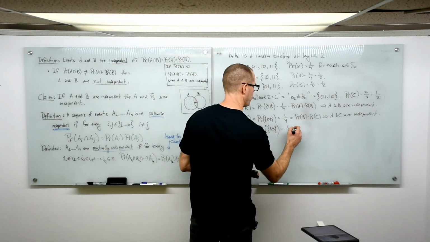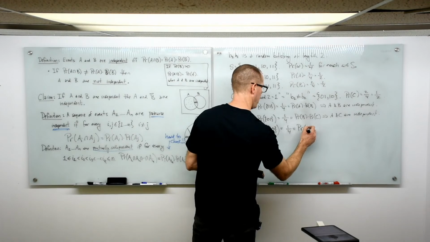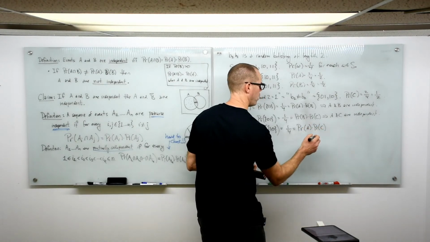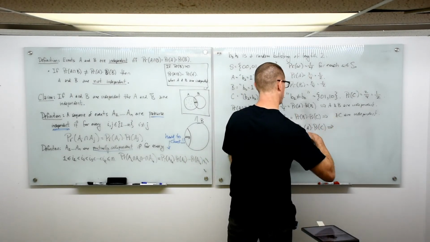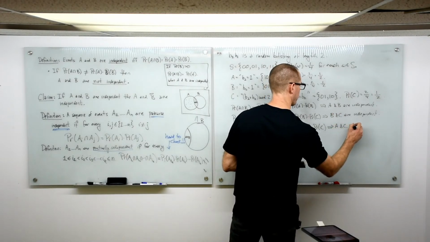So it's also equal to a quarter, which is also equal to probability of A times the probability of C. Therefore, A and C are independent.